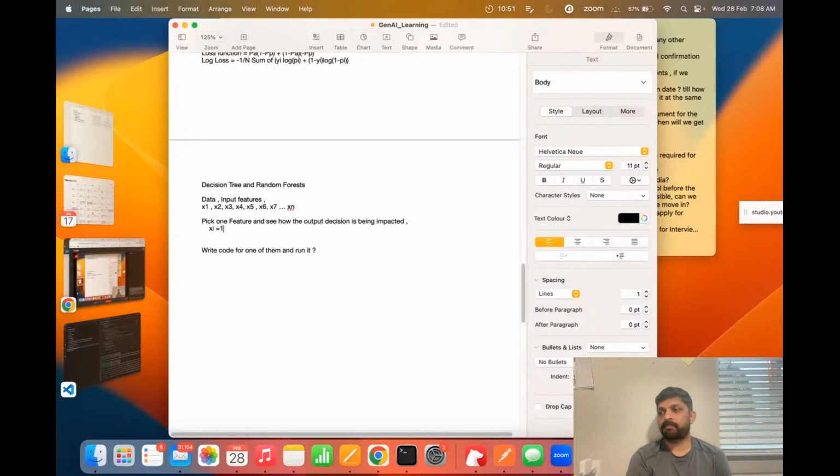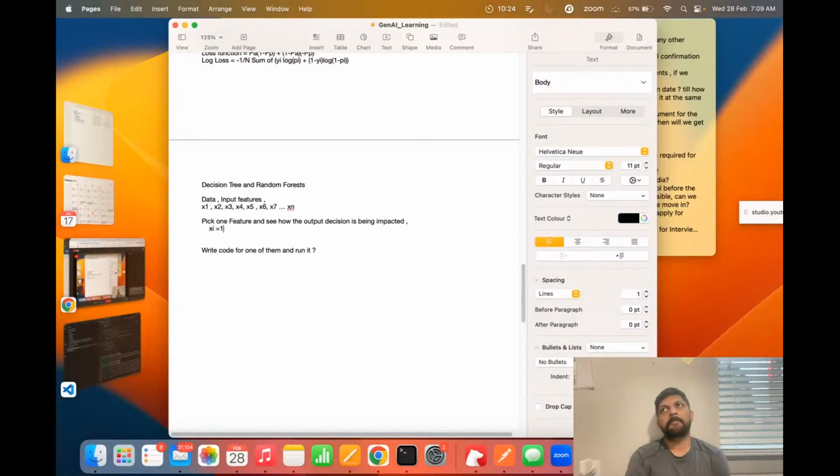Now, the expectation in decision trees is to have segregation of the output in an effective way. For example, in classification problems, let's talk of binary classification, whether a loan needs to be issued or not issued, right?